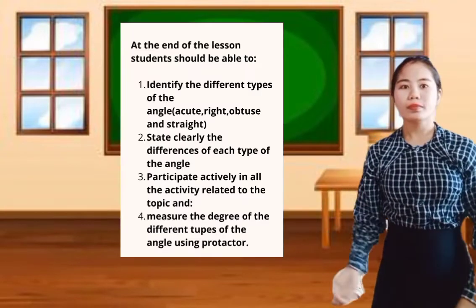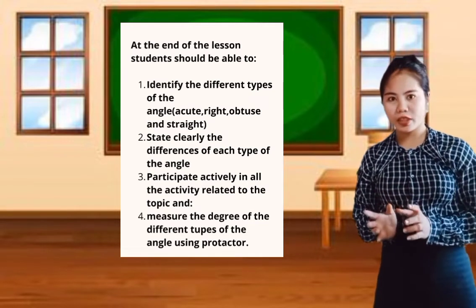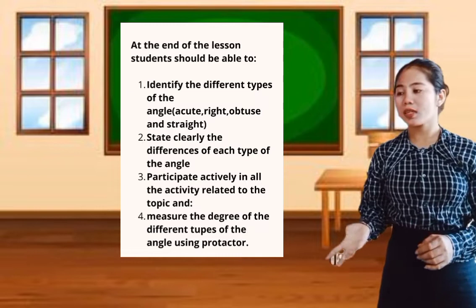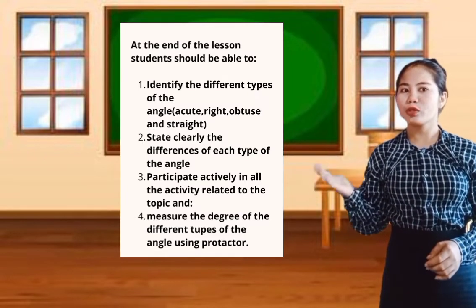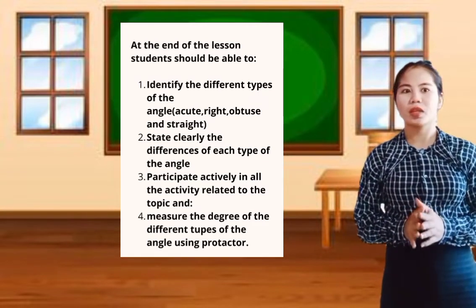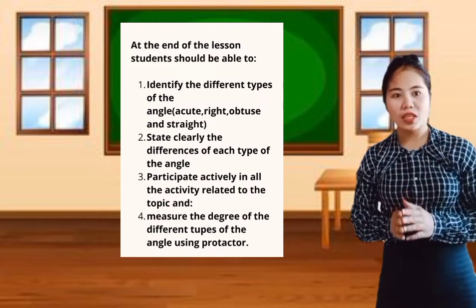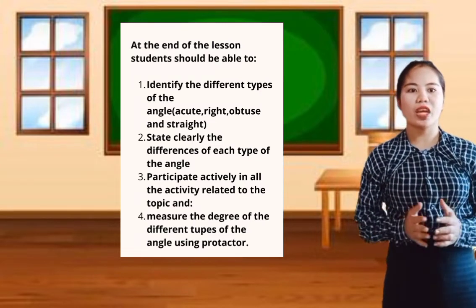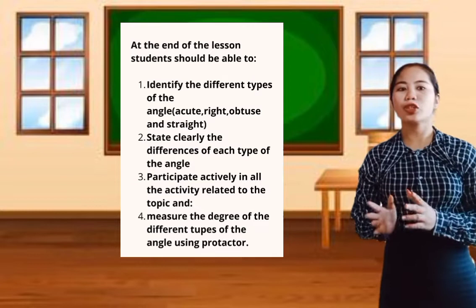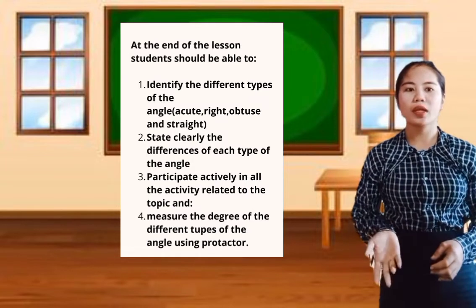At the end of the lesson, students should be able to: first, identify the different types of angle, which are acute, right, obtuse, and straight angle; second, state clearly the differences of each type of angle; third, participate actively in all the activities related to the topic; and the last one, measure the degree of the different types of angle using a protractor.